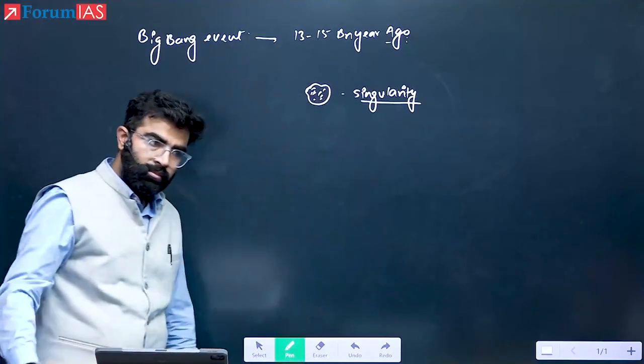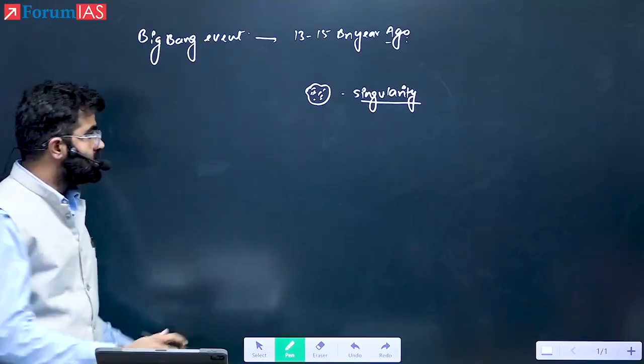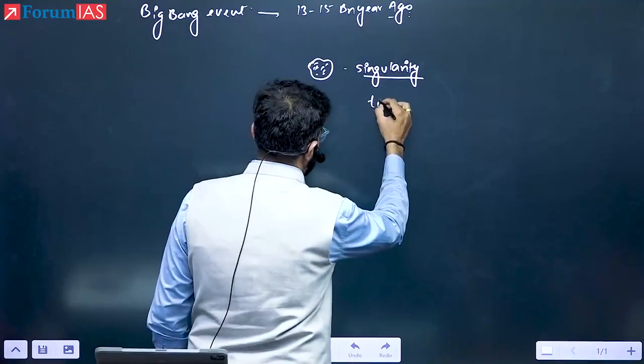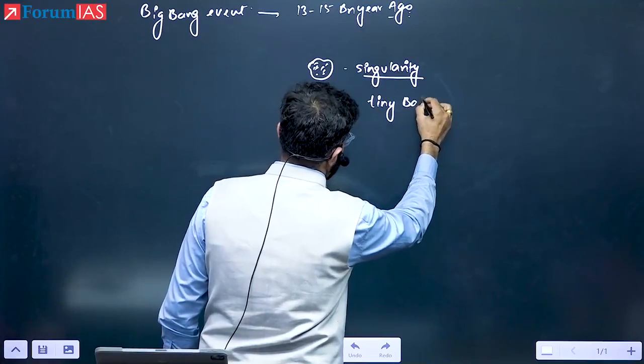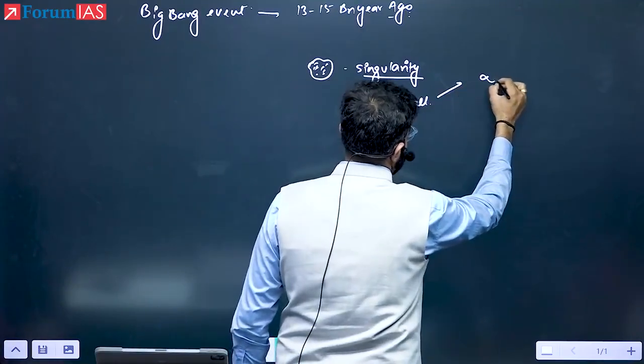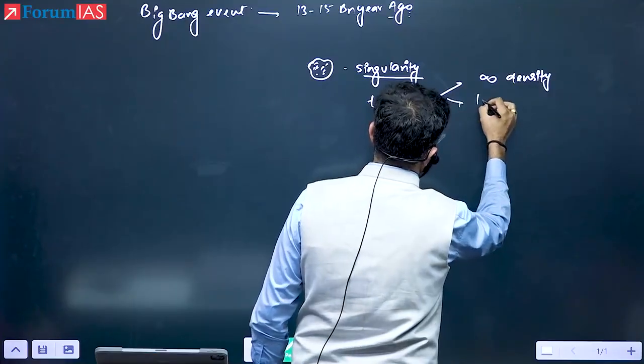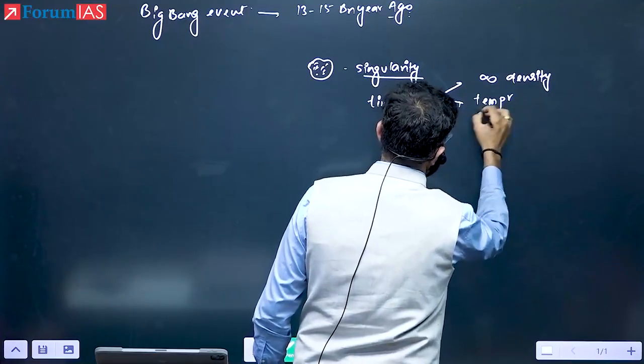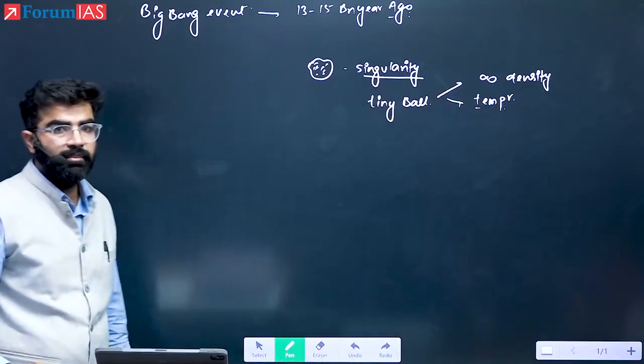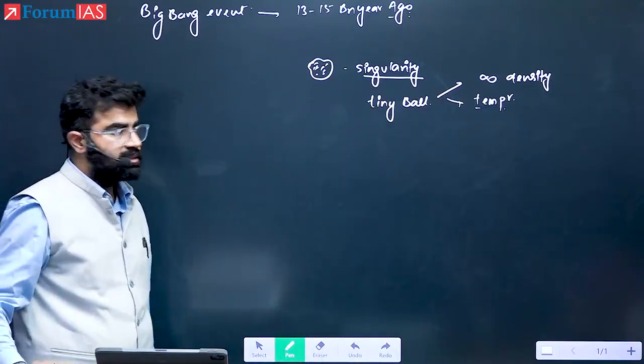It is a tiny ball, not a point, a tiny ball which was known for infinite density and temperature, and pressure was tremendous.